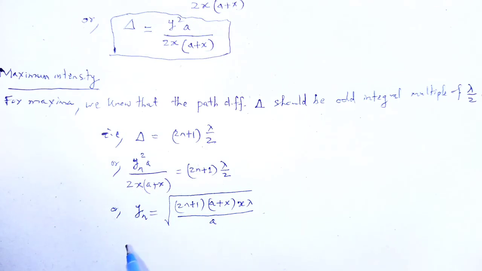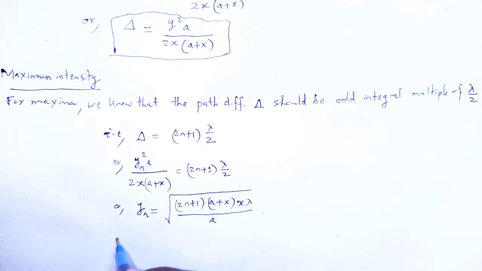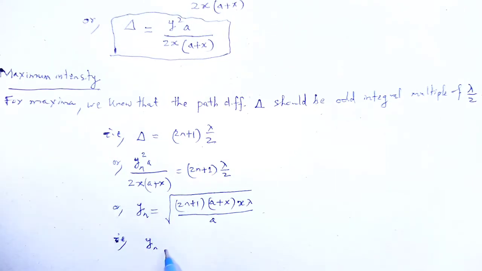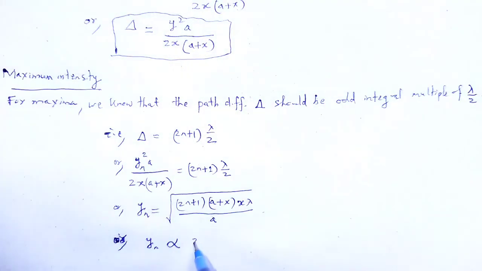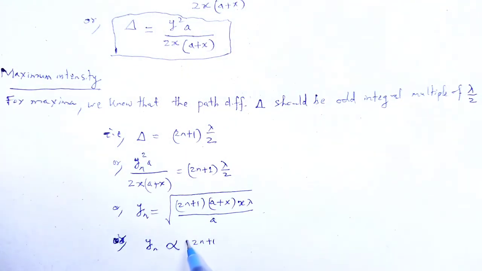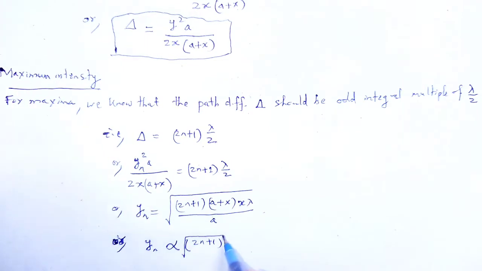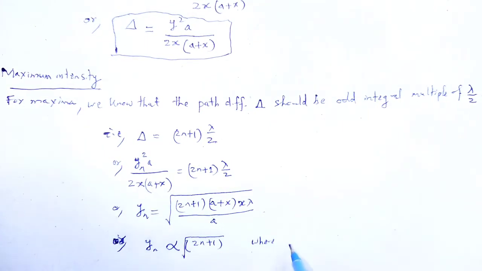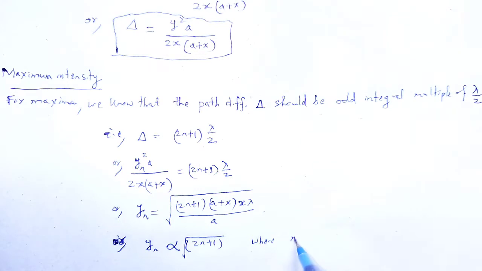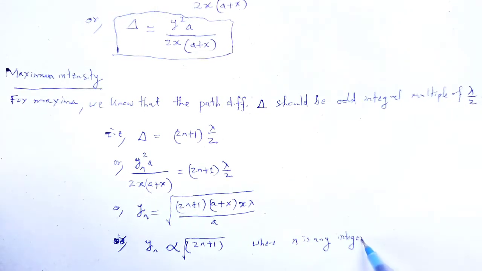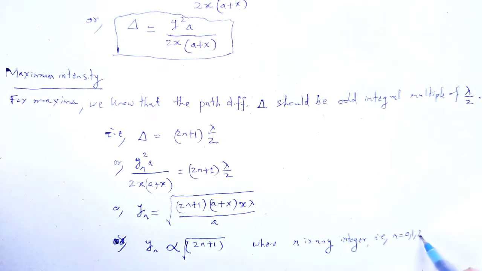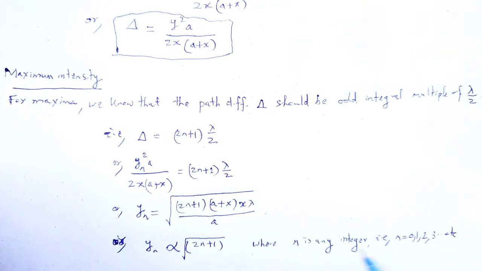Look at that expression: yn is directly proportional to under root of (2n plus 1), where n is any integer having the value 0, 1, 2, 3, etc.